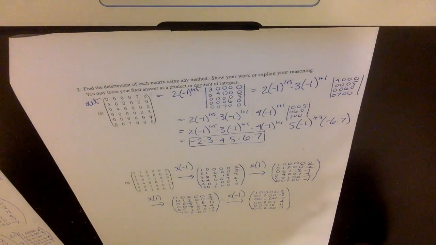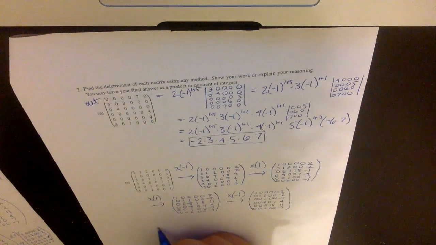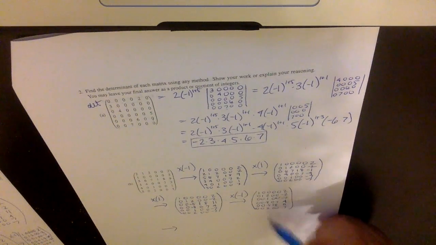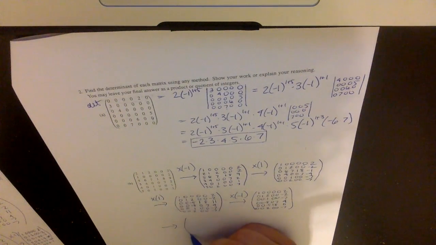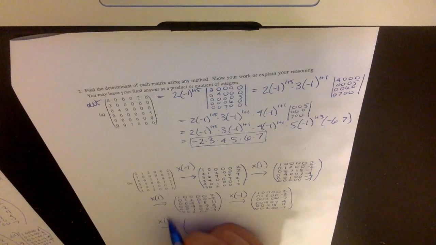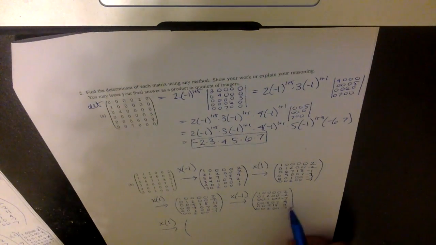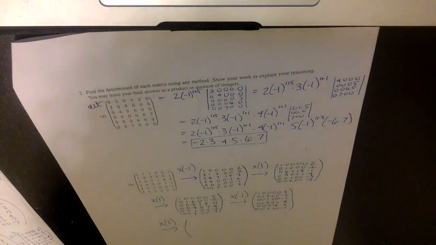So a couple more steps. Now let's use this 1 here to zero out the entries below it, which we know is just going to keep the determinant the same. So we're going to take this row 4 and add 8 times row 3.